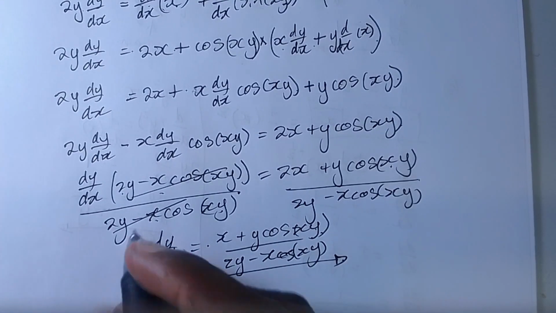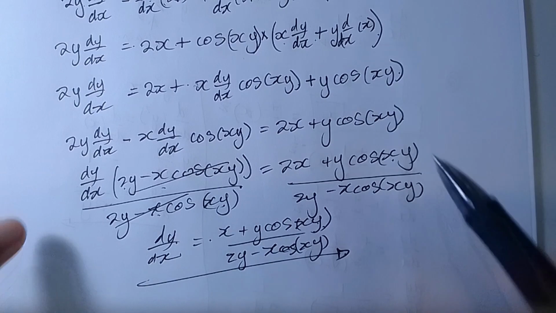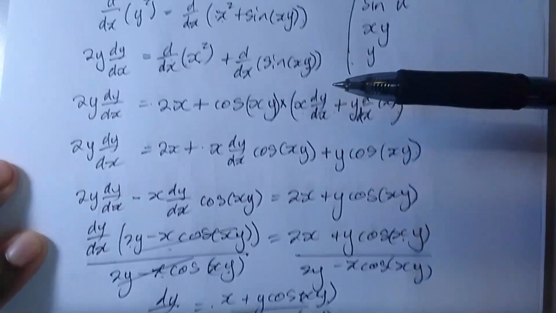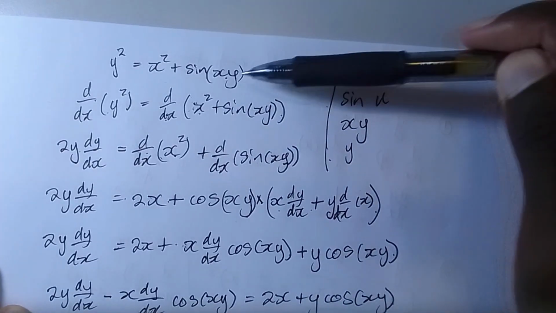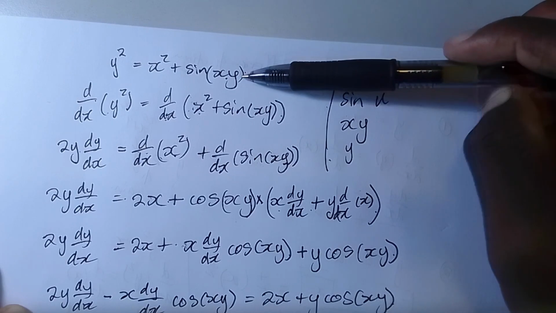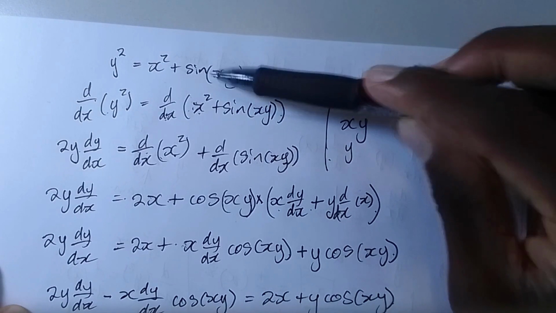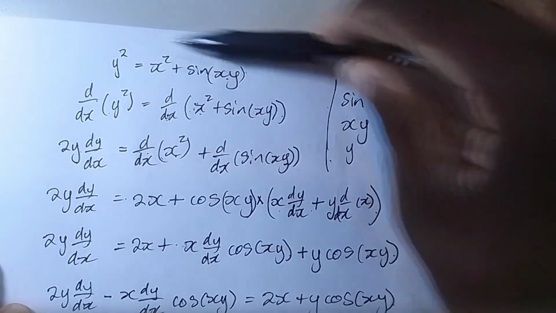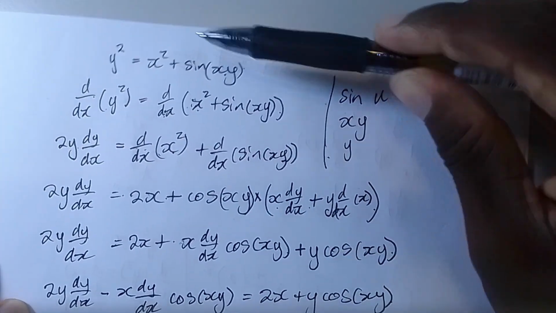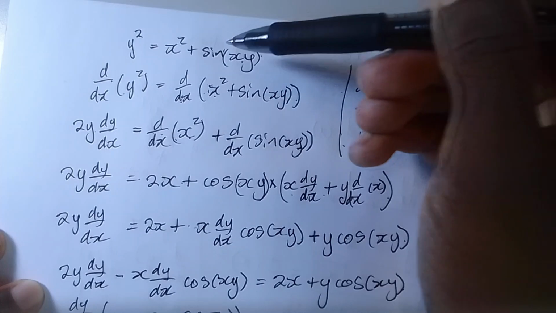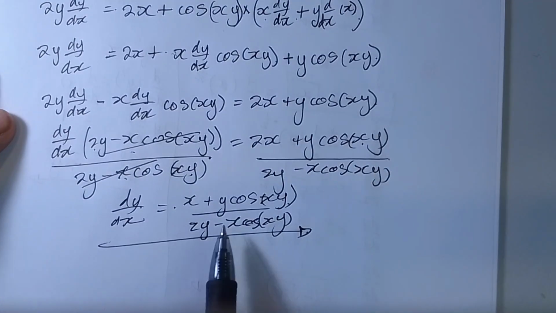Okay, that is your answer. Hope you understood that. We were looking for the derivative with respect to x of this function y, and we found that the derivative is this.